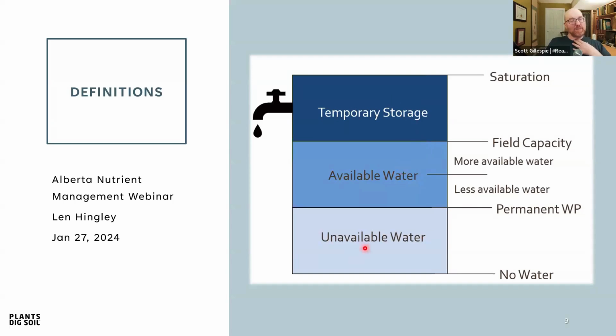And then the unavailable water, and I'm going to get to this momentarily. There is water in the soil that is there, but plants can't get to it. We would think it's a dry soil, we would think there's no water in it, but there is water in it. And then he's also listed here the more available and the less available, and I'll be coming back to that.